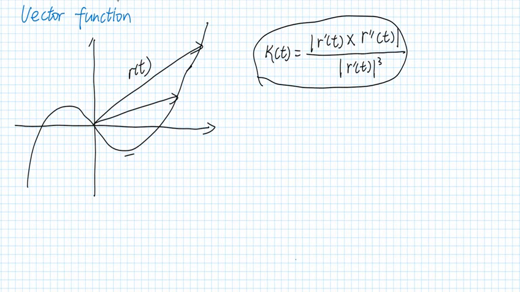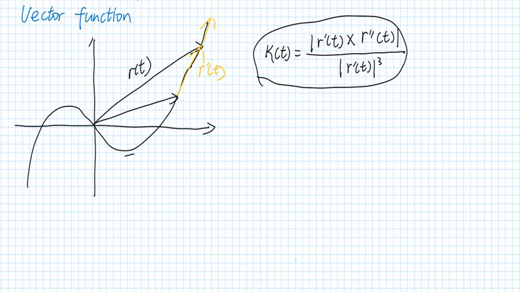Well, first, we need to find the tangent vector of the vector function. That is r'(t). In a vector function, r'(t) shows the change in r(t). And we also need another variable that describes the change in r'(t).